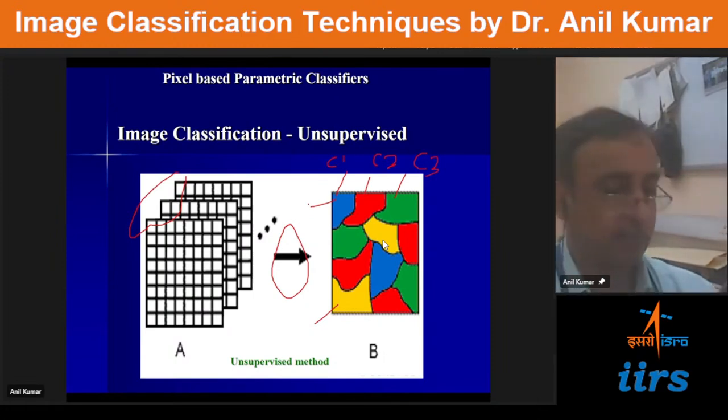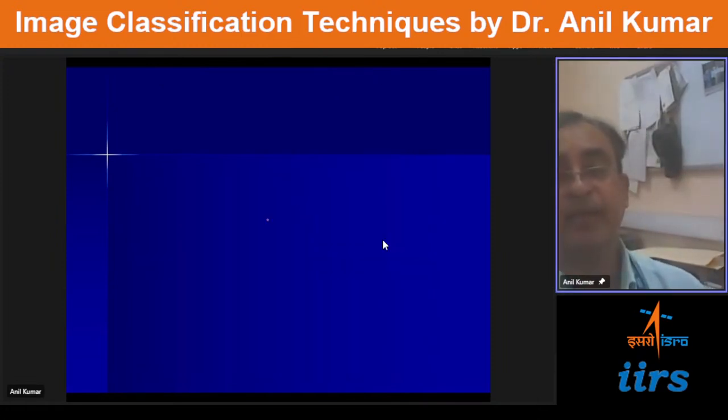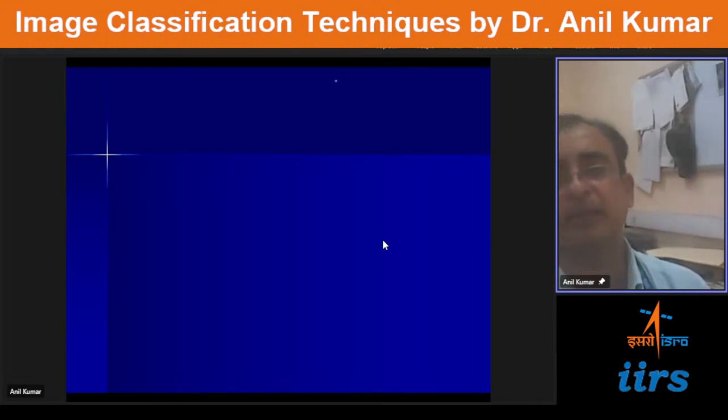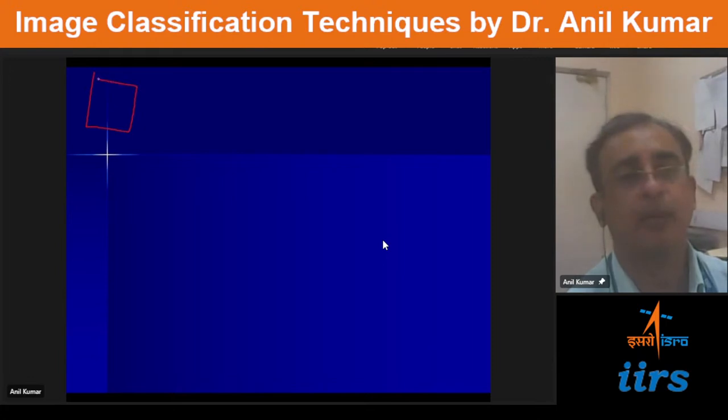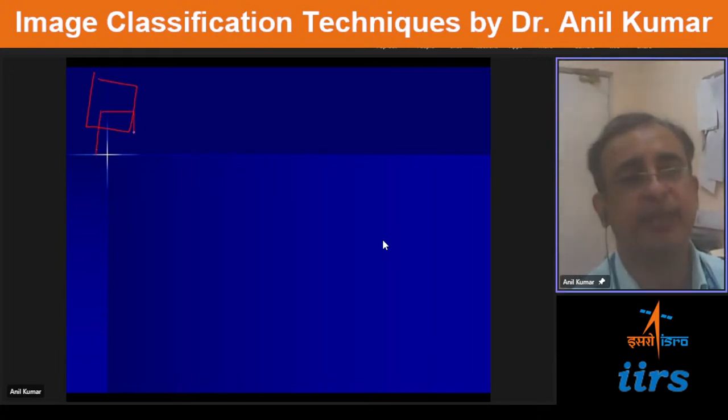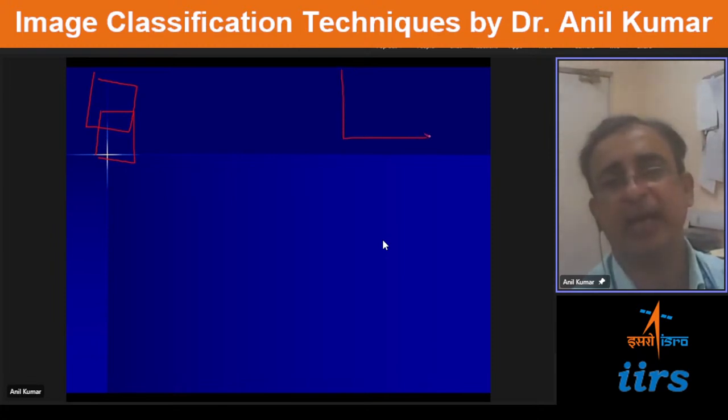Let's take this one. So here we can just take, say, a 2-band image. Suppose this is a 2-band image I'm taking. Now what I do, I plot these 2 bands on the X and Y axis. So this is my X axis, which I'm plotting here, band 1.